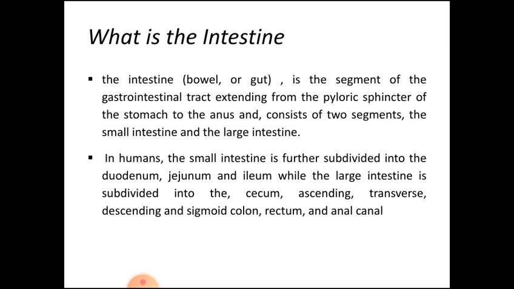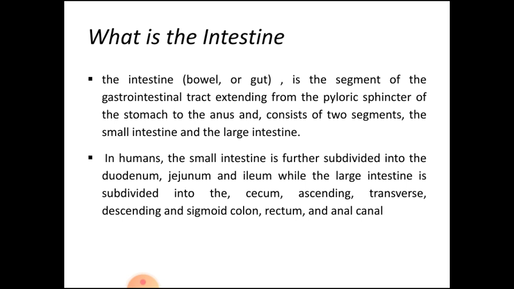So what is the intestine? The intestine, or bowel or gut, is a segment of the gastrointestinal tract extending from the pyloric sphincter of the stomach to the anus. It consists of two segments, the small intestine and the large intestine.